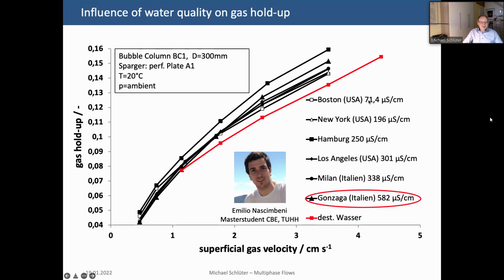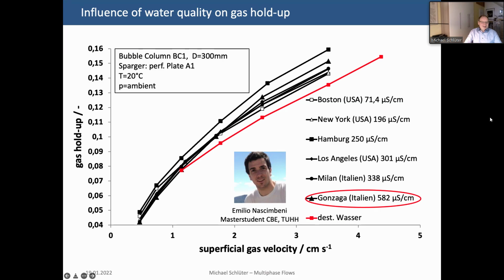But you see just from the conductivity here that even tap water is very, very different. And also some minerals, of course, are different in the different tap waters. You have different water hardness in the different tap waters. And if you compare the gas hold up with different tap waters, and we compare this here with distilled water, then you can see that there's a very strong difference between these different waters.